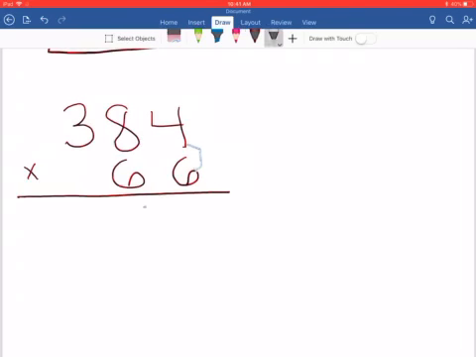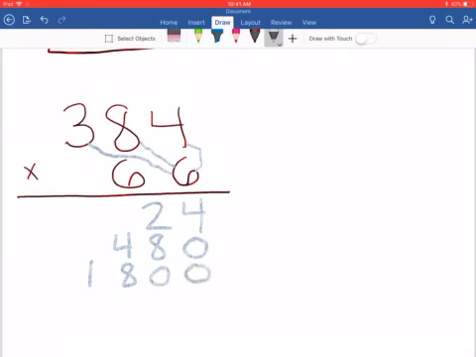There we go. 6 times 80 is 480. And then 6 times 300 is 1,800. Okay, now just like before, you're done with your 6, and now you go on to your 60.